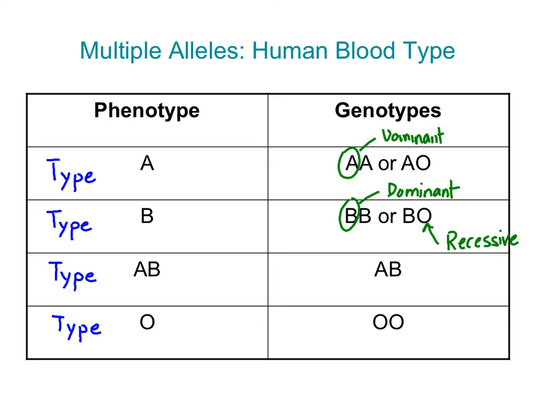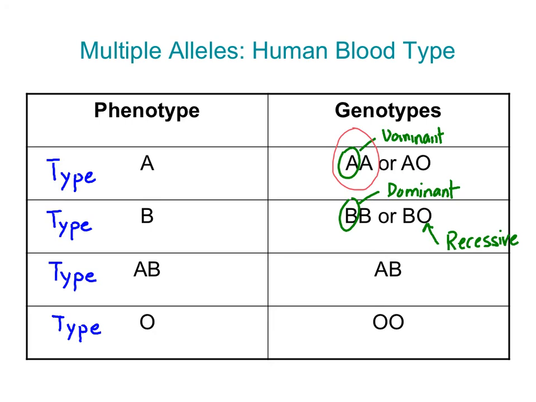The homo version is big A, big A. Hetero version is AO. For type B, 2 possible genotypes as well, homo version and hetero version. Homo version is BB, hetero version is BO. For type AB, there's only one genotype, AB. And for type O, there's only one genotype, OO.